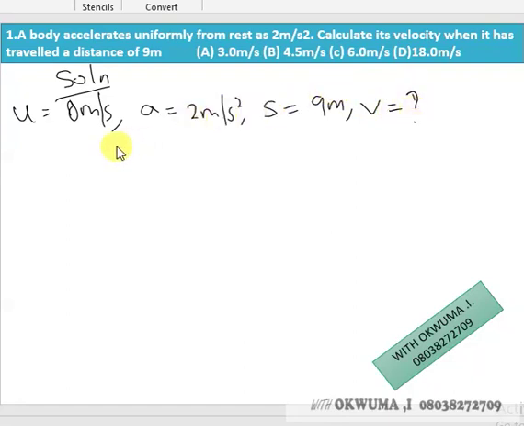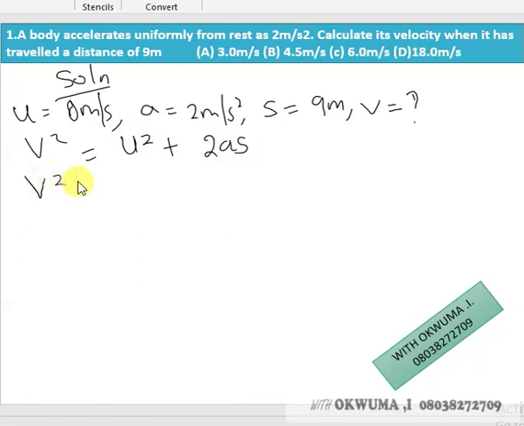That is our unknown. Now you remember the equations of motion. The one that can help us in solving this says that v squared equals u squared plus 2as.